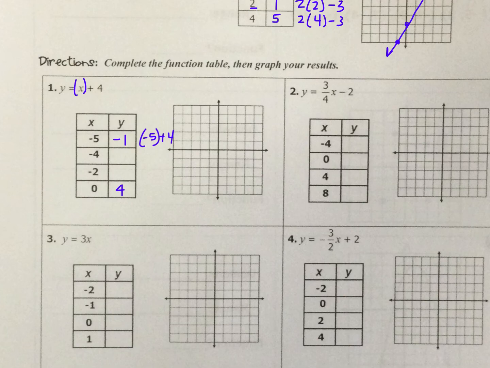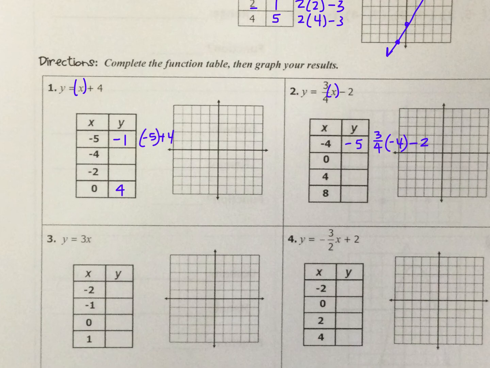All right. The next one, my equation is 3/4 x minus 2. So 3/4, instead of the x, I'm going to put my parentheses and I'm going to put this -4 in there, minus 2. When I type that into my calculator, be sure to use the parentheses, I get -5.